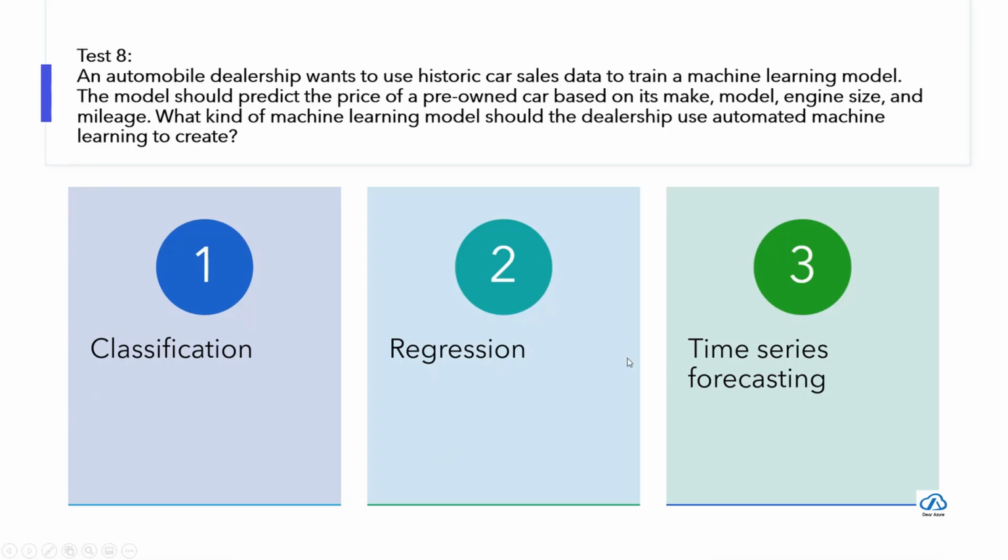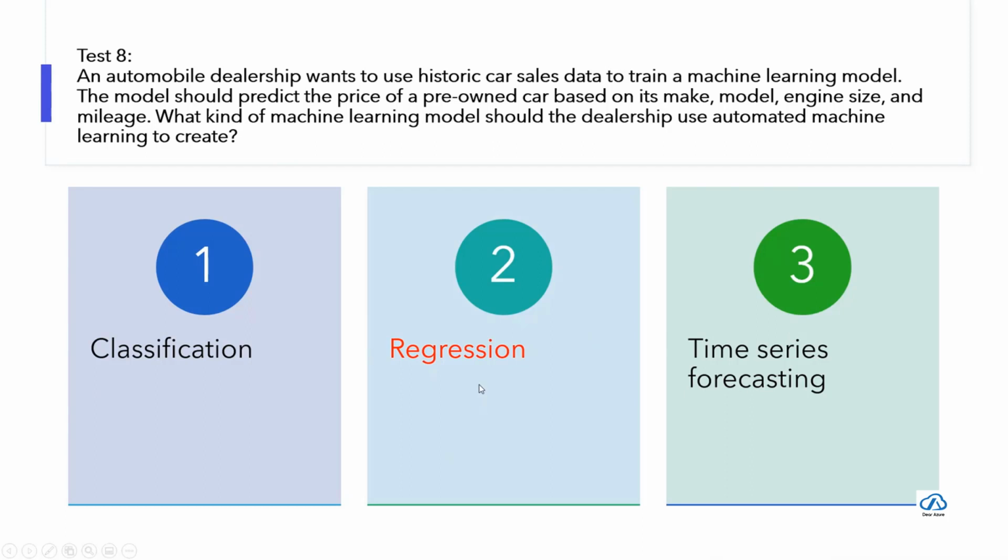Classification, regression, time series. It is predicting a value, the price of a car. So when we predict a value, is it a classification model or regression model? Any answer? One or two or three? Okay, it is a regression model because you're predicting a value.